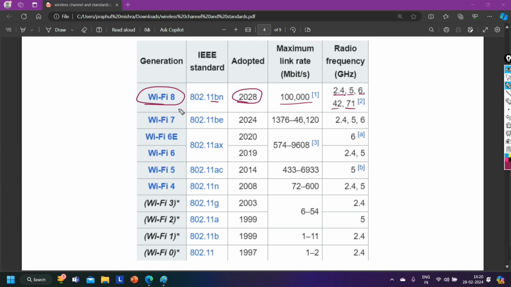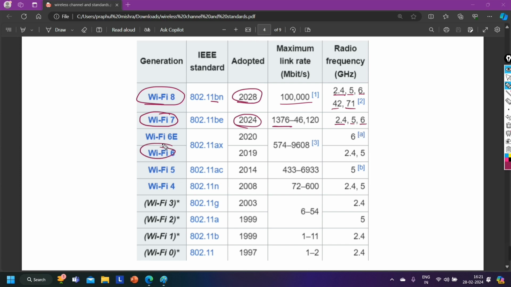Sometimes people are saying Wi-Fi 5, Wi-Fi 6, like this, maybe you heard. Then guys, we have this Wi-Fi 7, and the IEEE standard for this Wi-Fi 7 is 802.11be. Launch date is 2024, and the maximum rate, and it is going to operate on 2.4, 5 as well as 6.